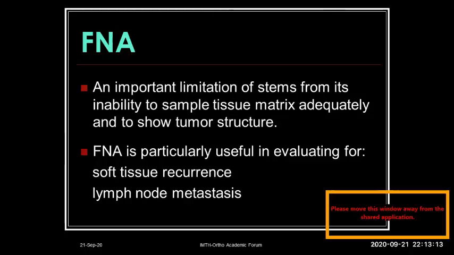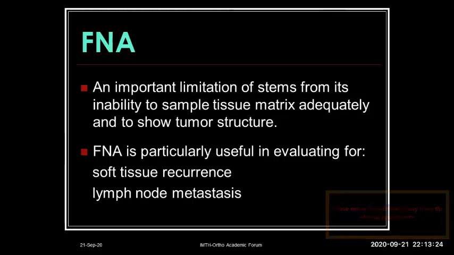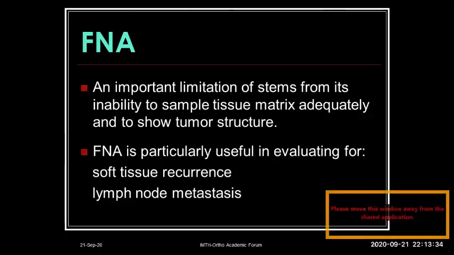Is it osteoid matrix like in osteosarcoma? Fine needle cannot give us more information about that issue. Fine needle aspiration is particularly useful in evaluating soft tissue recurrence. Sometimes we use it for evaluation of soft tissue recurrence, and especially for lymph node metastasis.